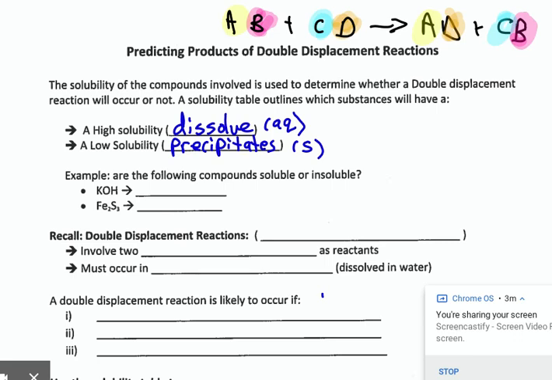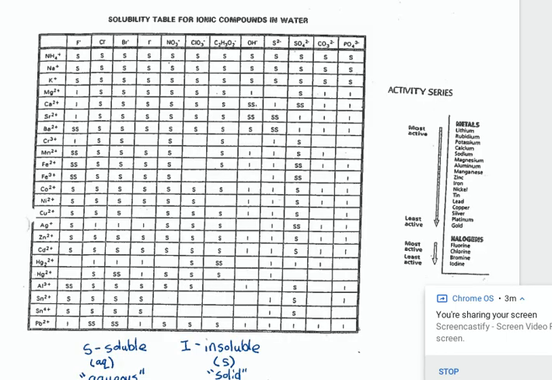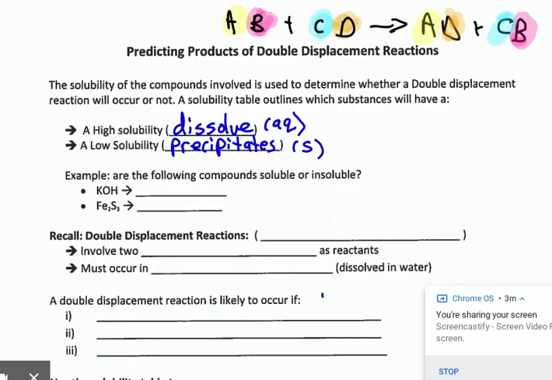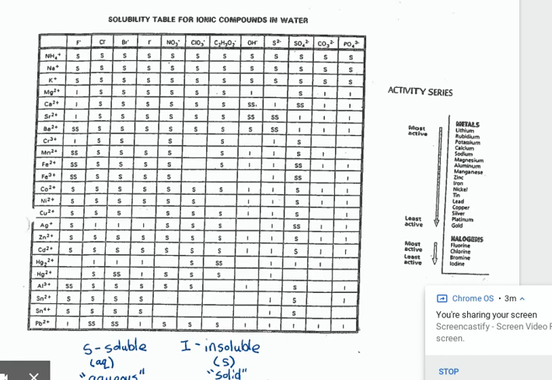Okay, so before we move forward in predicting our products in double displacement, let's just do a quick recap of our solubility. Our first example: we want to know, is potassium hydroxide soluble or insoluble? I like to use this solubility table because all you do is match up.